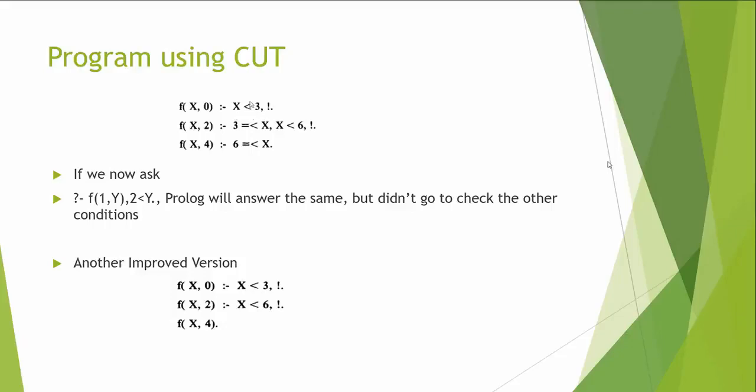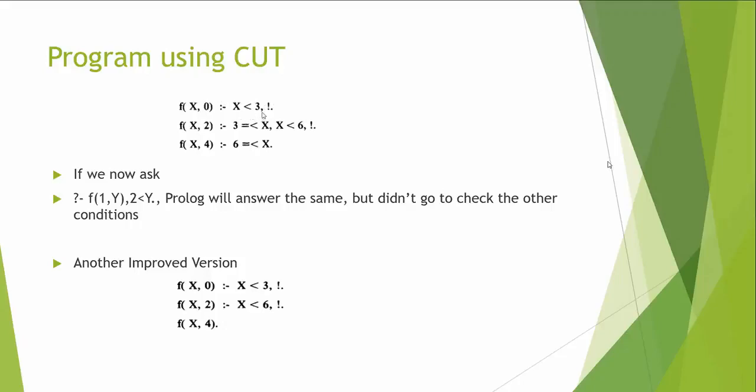So what does it mean? As soon as the control reaches that cut point, all the other possibilities will be cut out. That means whatever value it gets will be frozen.